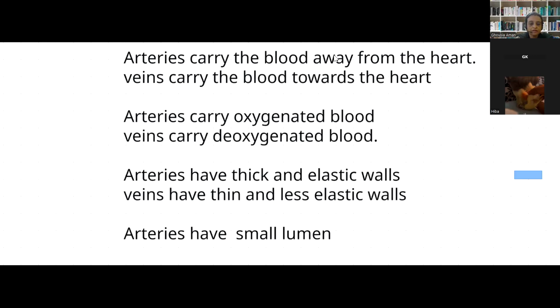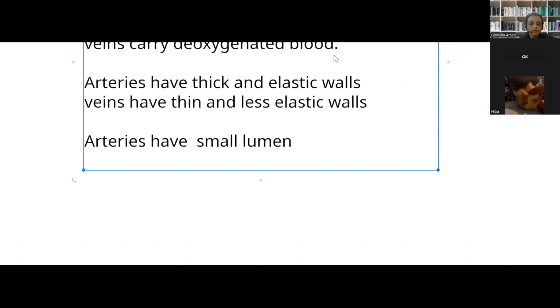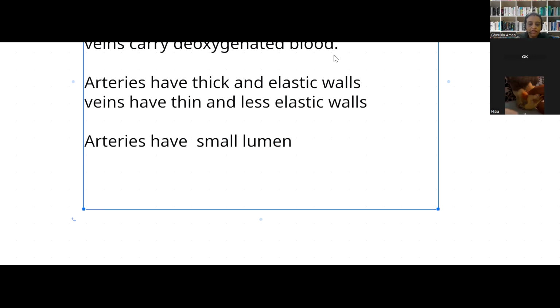Veins have a big lumen. Arteries have no valves. Veins have valves.